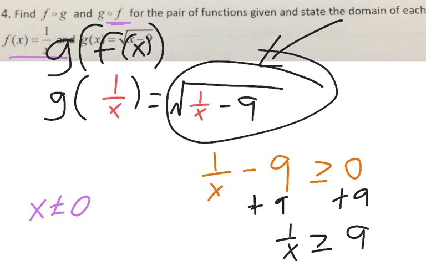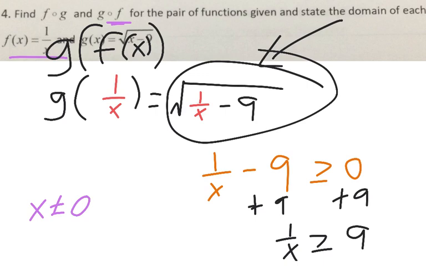Do you guys remember when we had a quadratic, where the quadratic had to be greater than 0? I made us graph it and see where it is above the x-axis. So here, we're saying this rational function must be above or equal to 9.